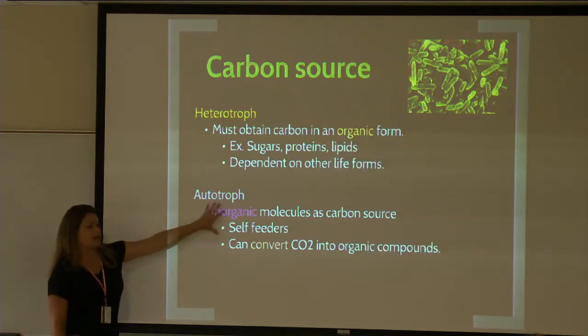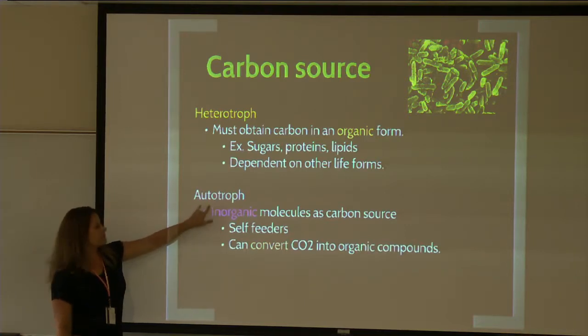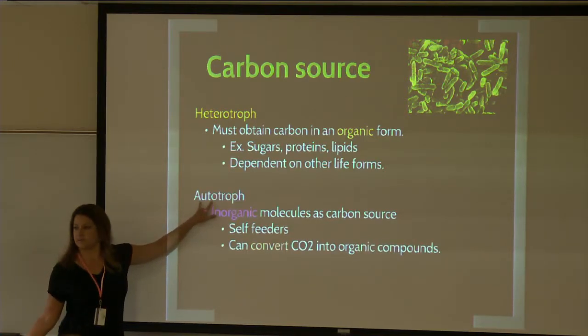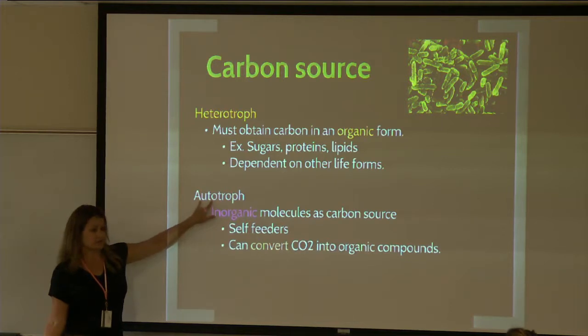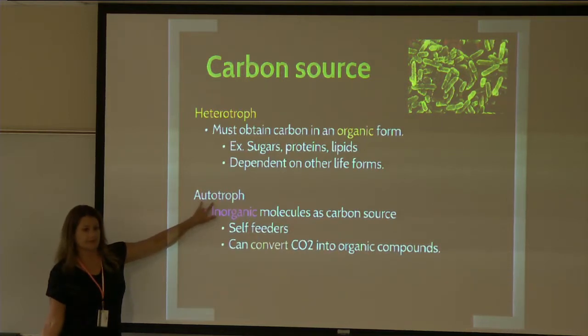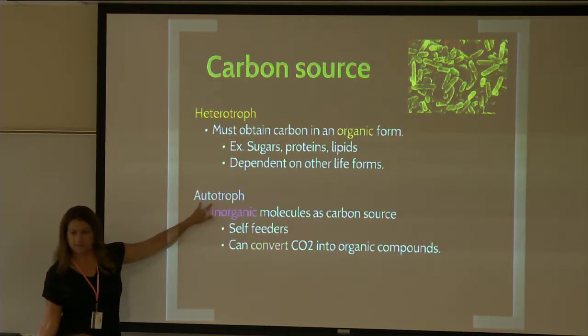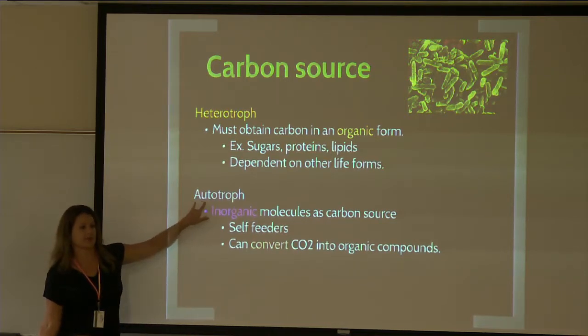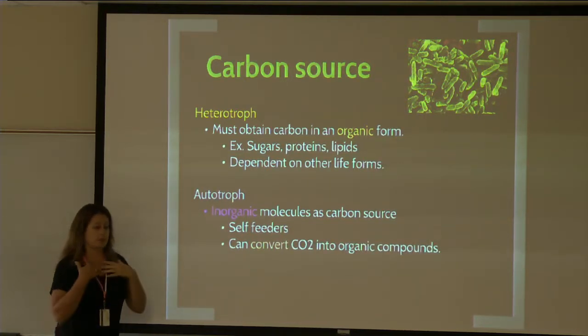If we look at the autotrophs, auto means self. You can think about them as self-feeders. What they do is they take the inorganic form of carbon, which we know is CO2, and they make an organic form from it. They convert something inorganic to something organic. We don't do that.